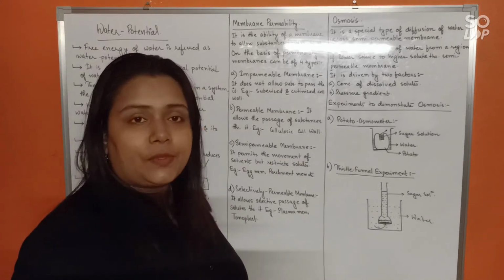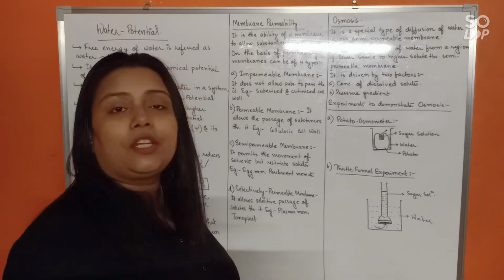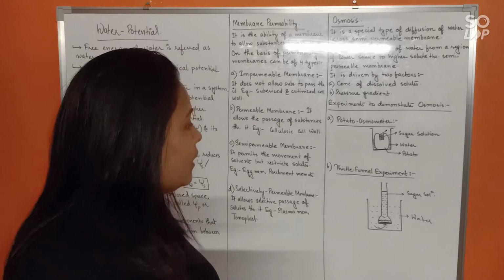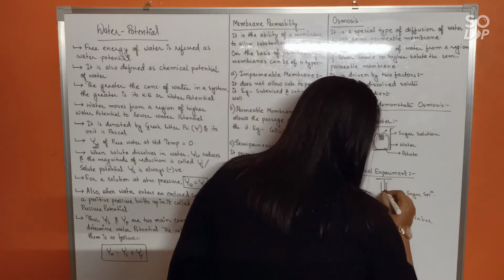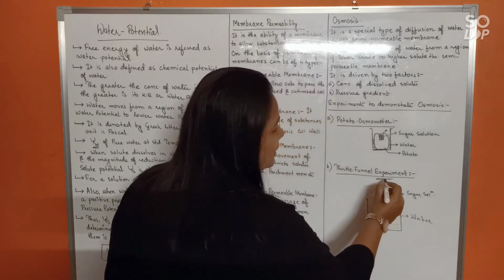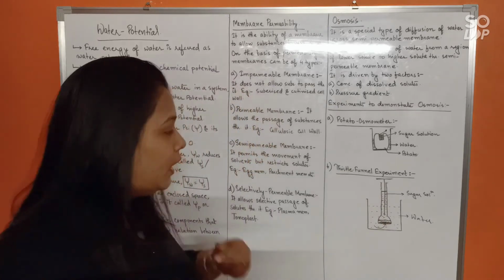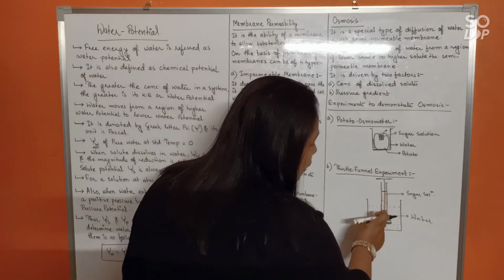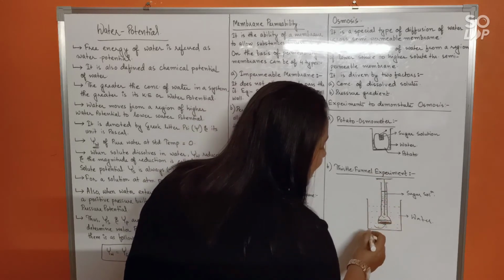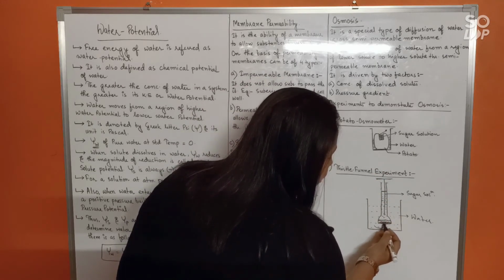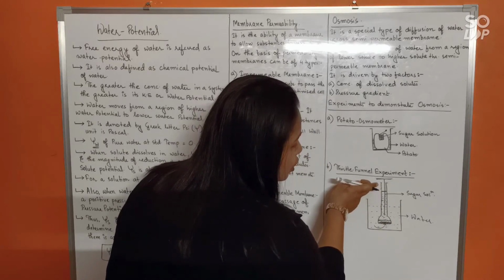But in the thistle funnel experiment, we would like to study another important factor associated with osmosis. Like, suppose I exert an external pressure on this inverted funnel, the amount of pressure that I will have to exert so that I can withstand the entry of water into the funnel, means I would not want the level of water in the funnel to rise.